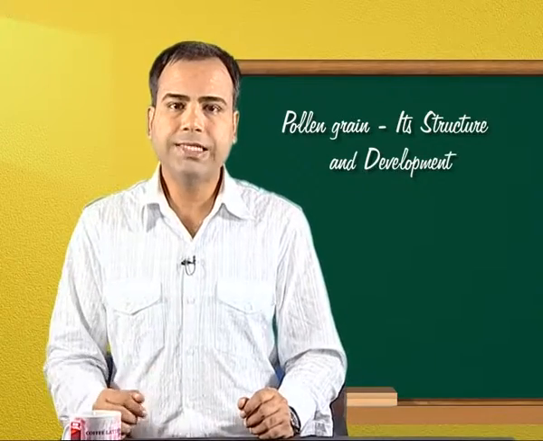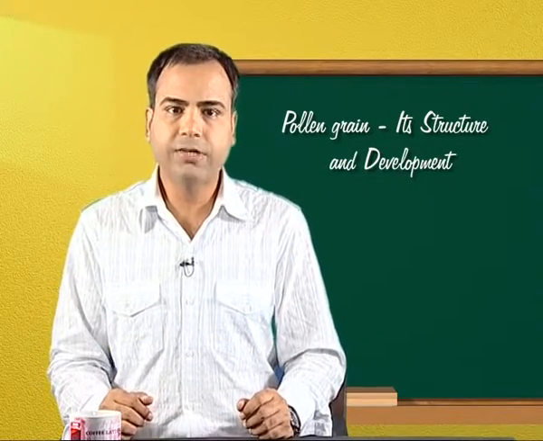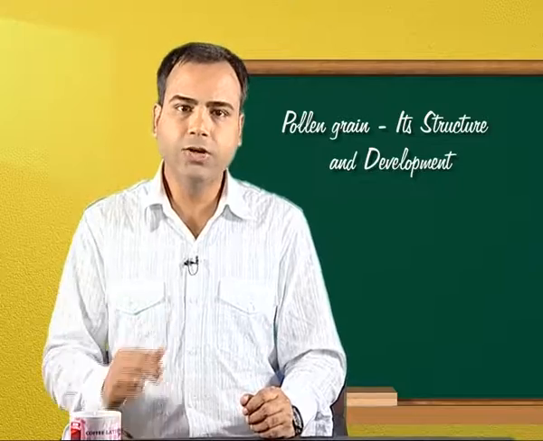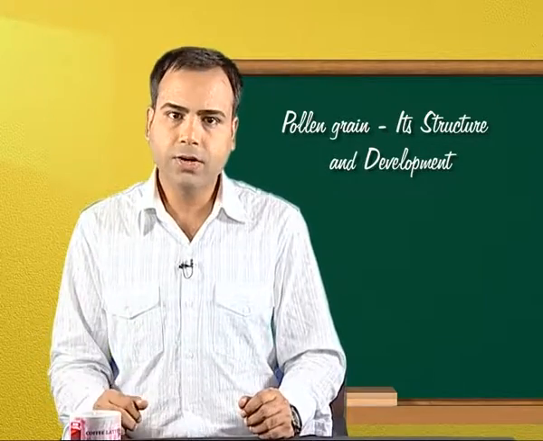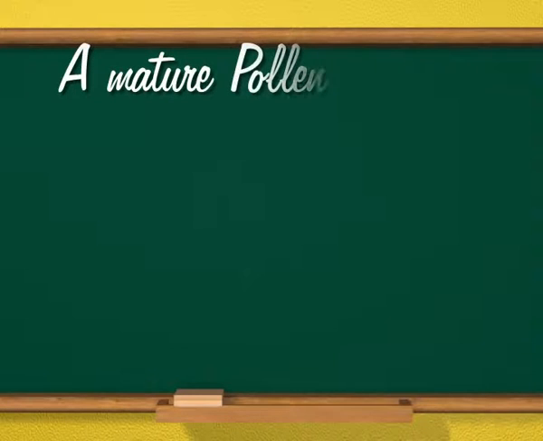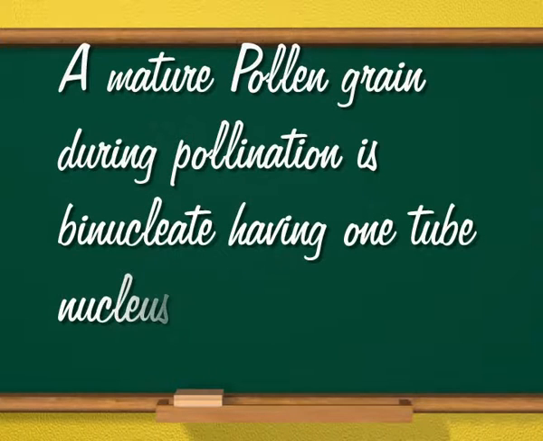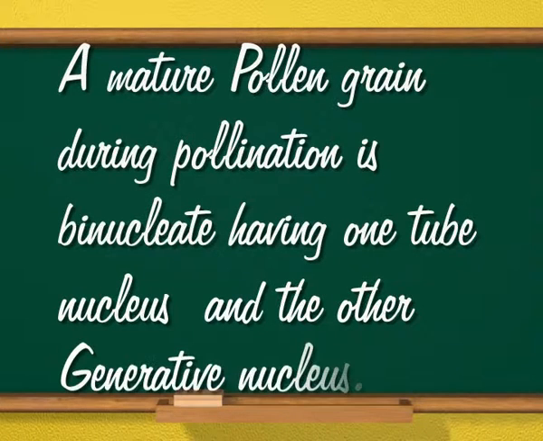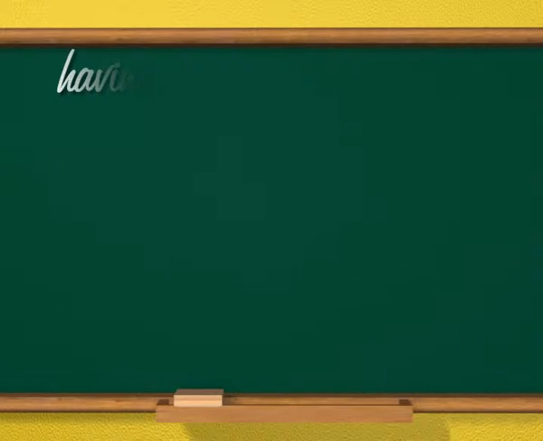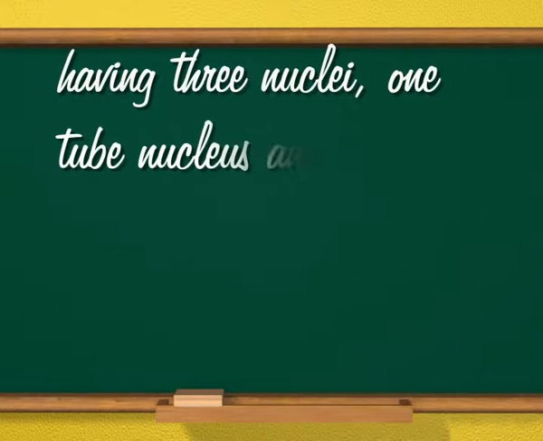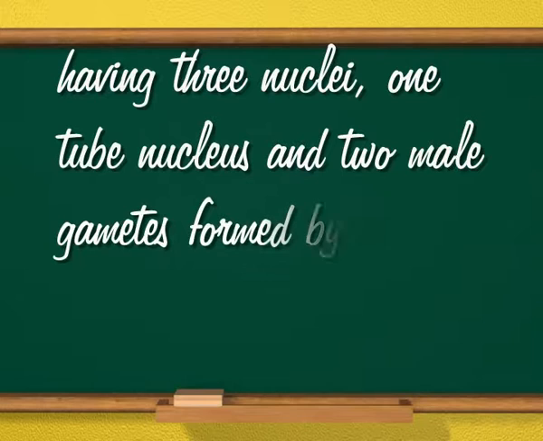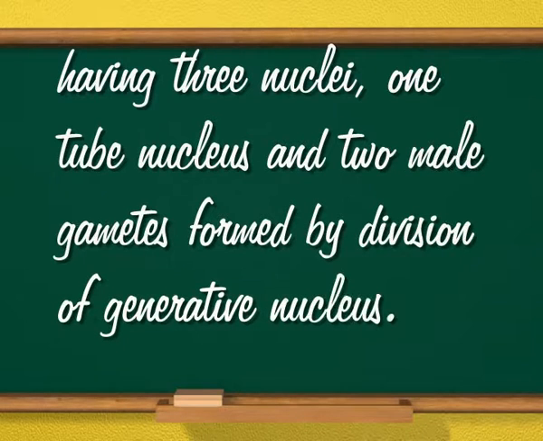My next question is, tell at the time of pollination whether pollen grain is uninucleate, binucleate or multinucleate. And the answer is a mature pollen grain during pollination is binucleate, having 1 tube nucleus and the other generative nucleus, or having 3 nuclei, 1 tube nucleus and 2 male gametes formed by division of generative nucleus.